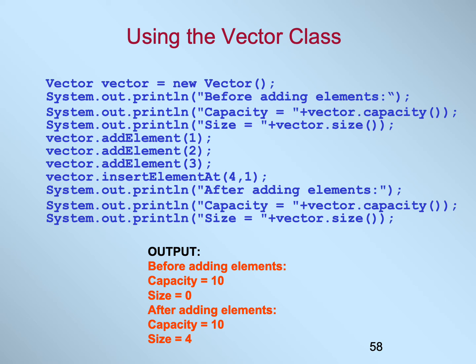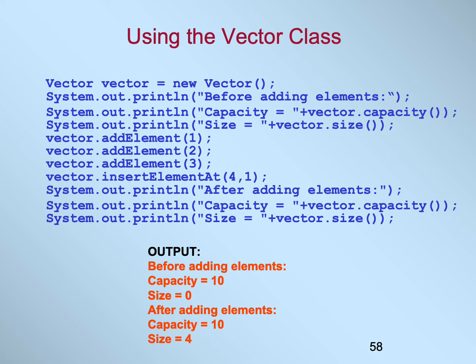So you can call it whatever you want. To find out the capacity of the vector, we can write vector.capacity. To get the size of our vector, we can use vector.size. This will give us the capacity of 10 and size of 0 because we haven't added any elements yet.